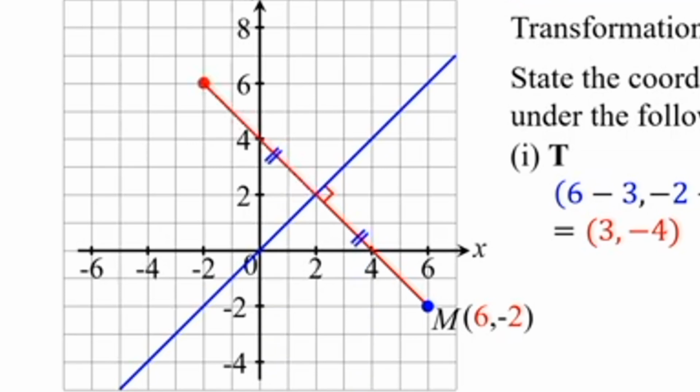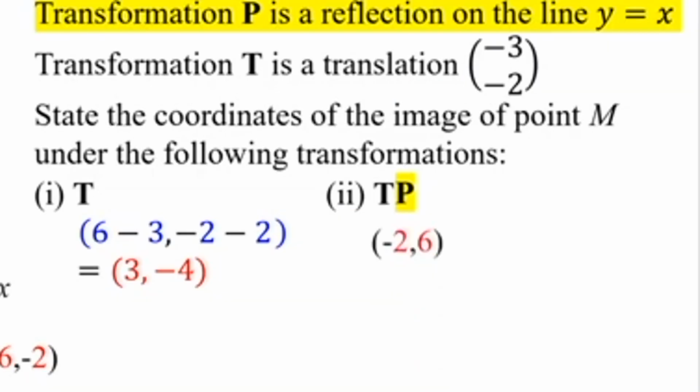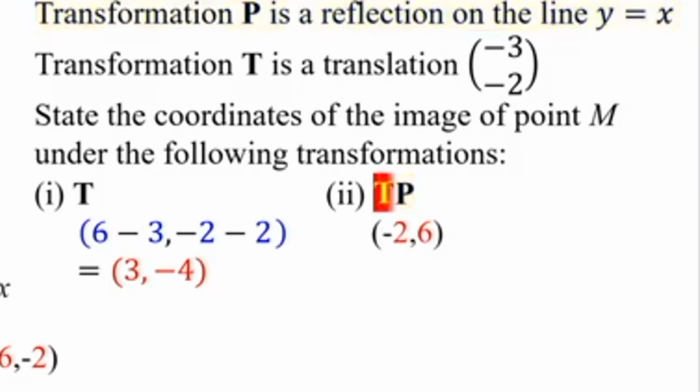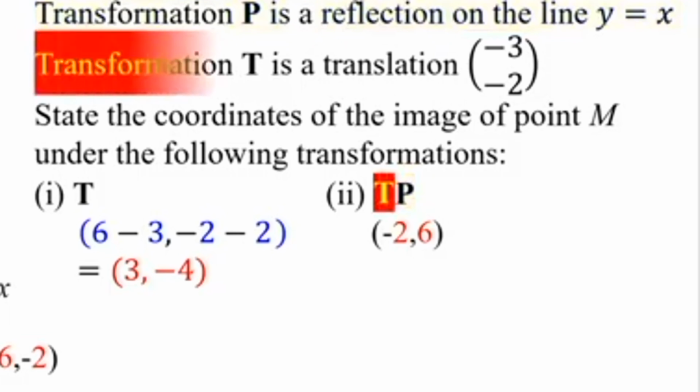So based on this concept, equal perpendicular distance, we can obtain the image of the point M under reflection y equal to x. The image is -2, 6 for the image of M after reflection.